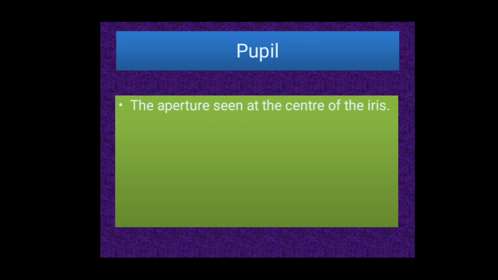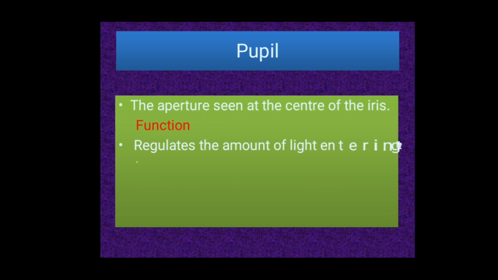Aperture means a small hole, a minute opening seen at the center of the iris. Center means the middle of the iris. So when you draw the picture also, it should be in the same proportion. Between the two irises, you have to mark the pupil. The major function is to regulate the amount of light entering the eye.